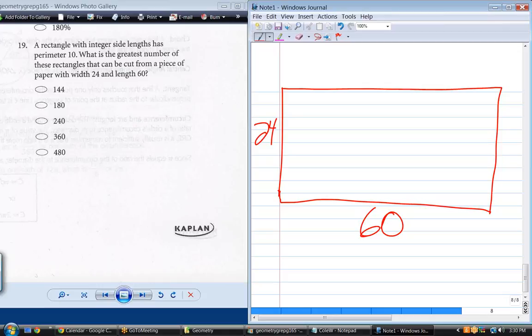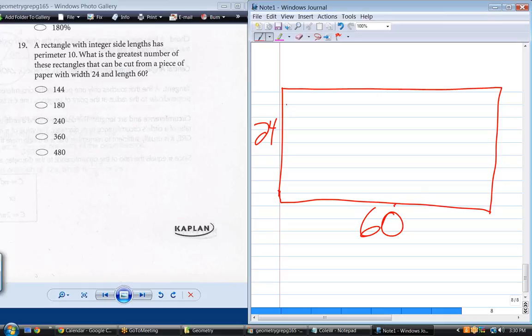Well, the way to solve this is, first of all, that is divisible by 1 and 4. That is divisible by 1 and 4. And both numbers are divisible by 2 and 3. Which means that no matter which rectangle I choose, the 1 by 4 or the 2 by 3, I'm going to get a perfect fit. I'm not going to have any left over.